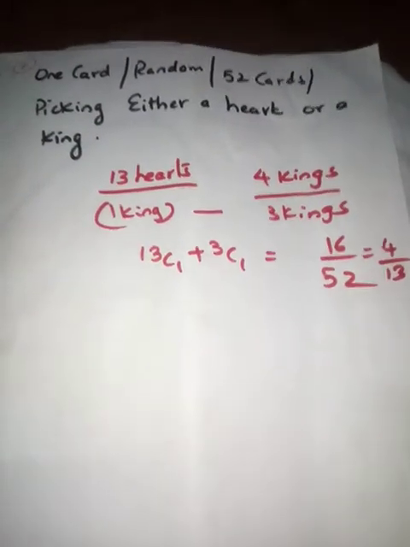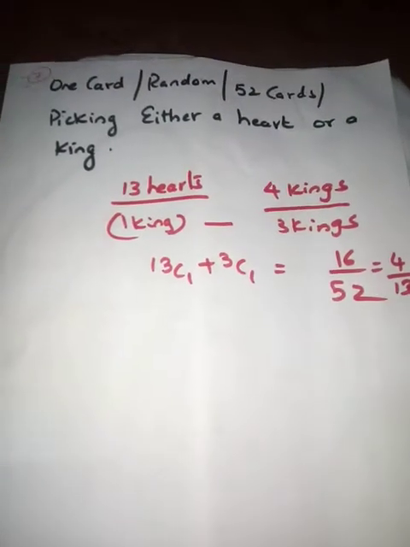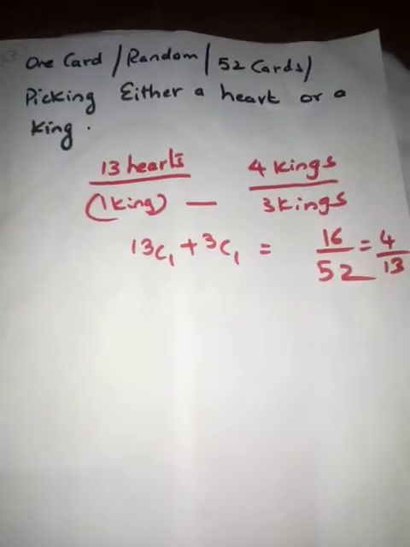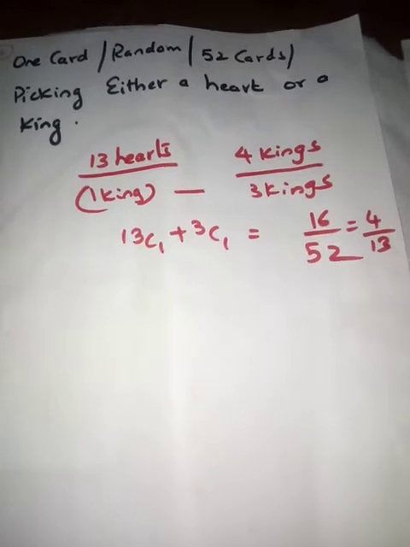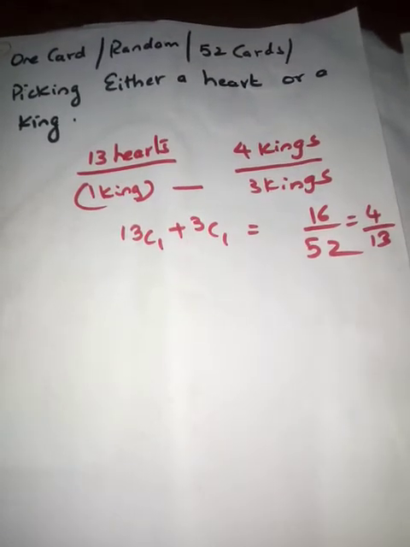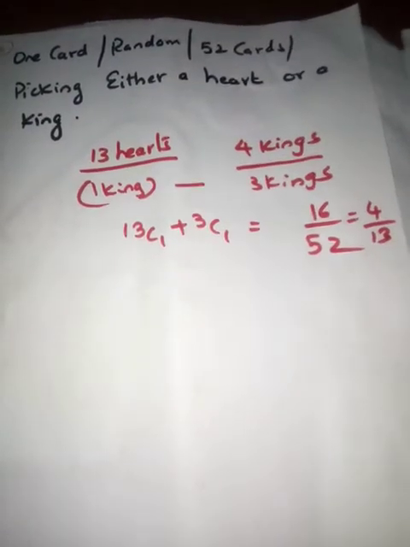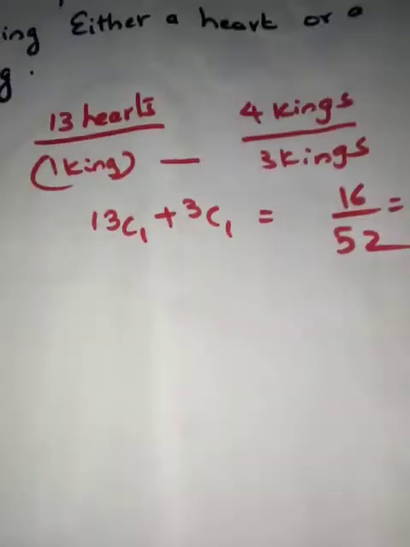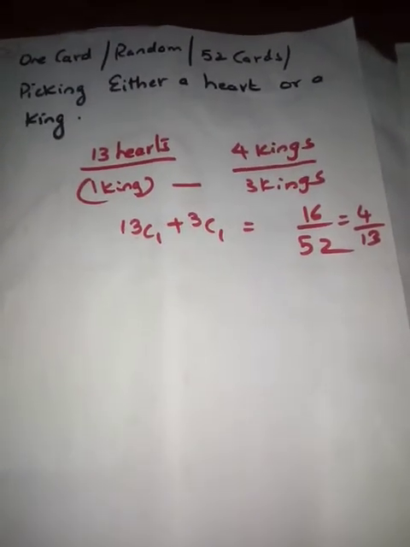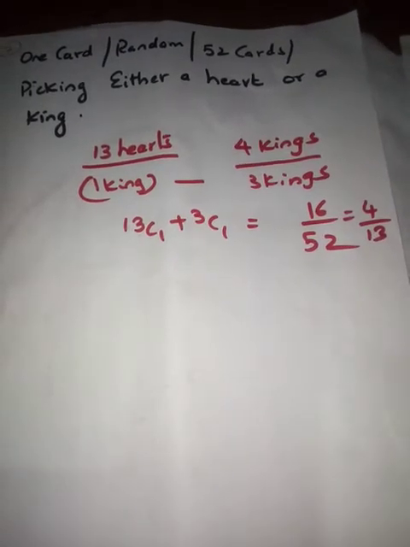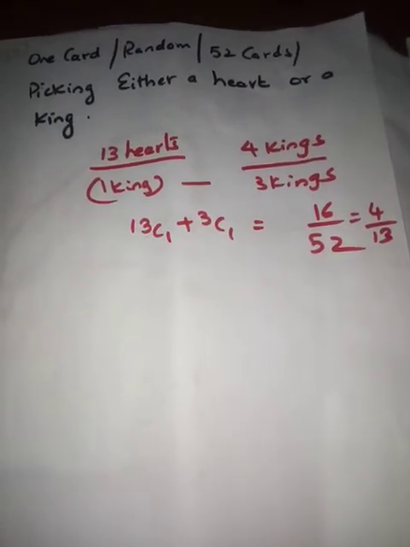So totally we can directly say 13c1, that is out of the 13 hearts I'm taking 1. In that there is one king, and also we have 3 more kings. So total it's nothing but 13 plus 3, 16 by 52.